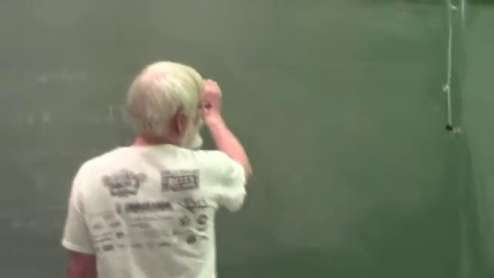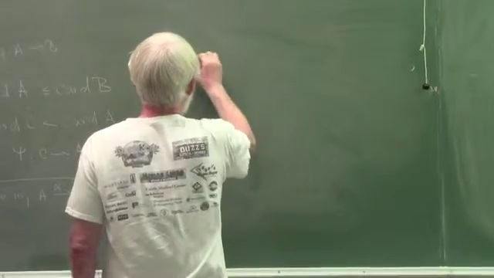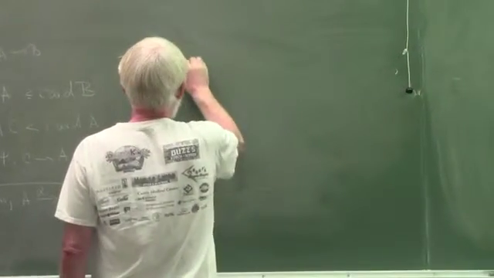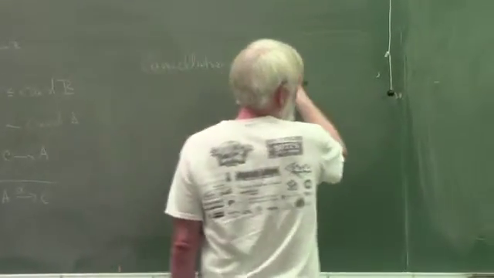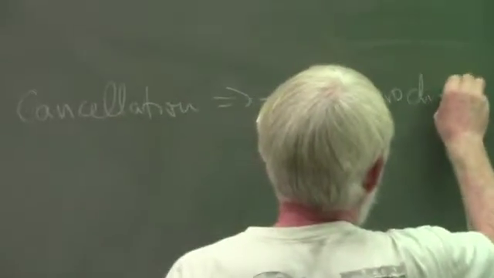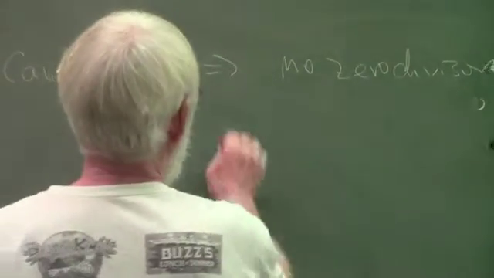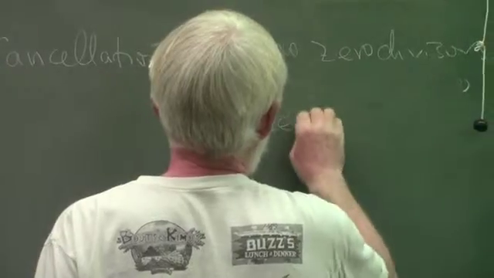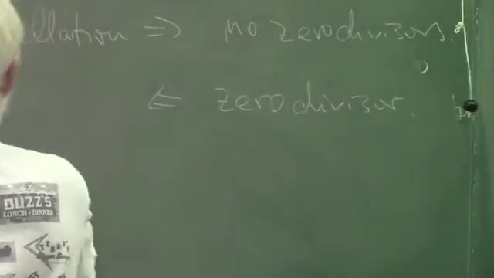So let's say cancellation implies no zero divisors. And then you can say zero divisor implies no cancellation.